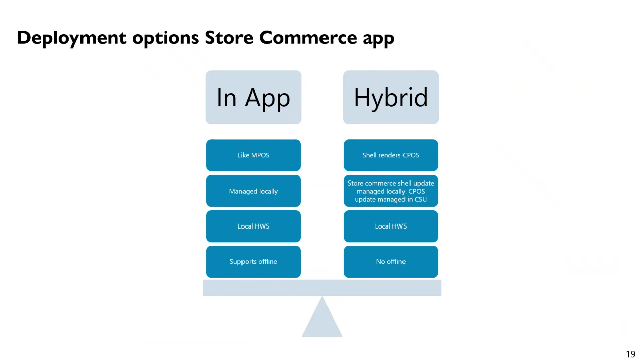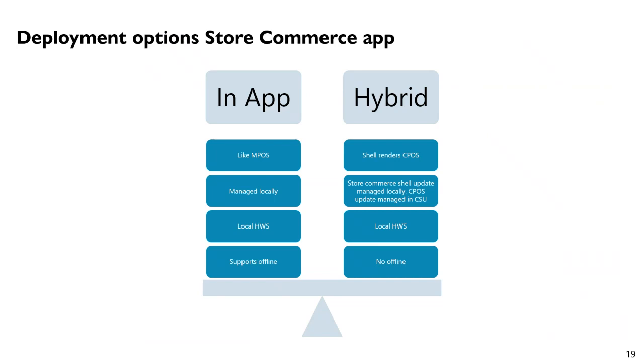As I said earlier, there is a single installer for the hybrid and in-app topologies. The deployment options are determined by parameters that are passed during the installation. This makes it easy as you don't need to maintain two installers for in-app and hybrid mode. In the hybrid mode, to update Store Commerce, just update the CSU.